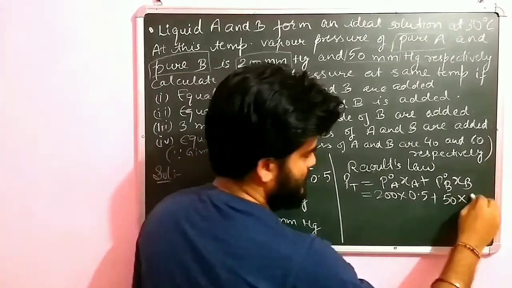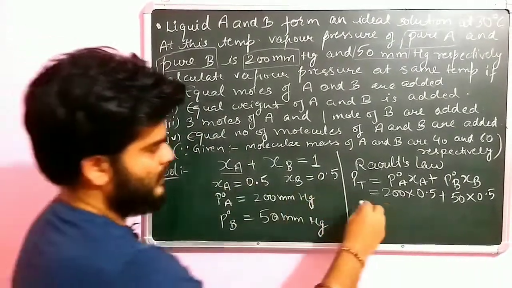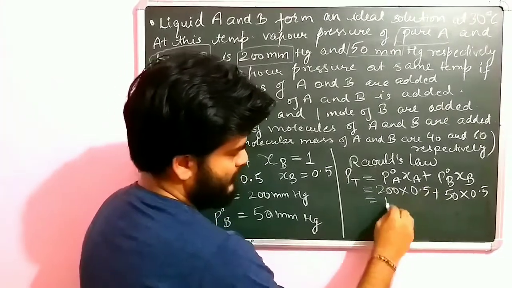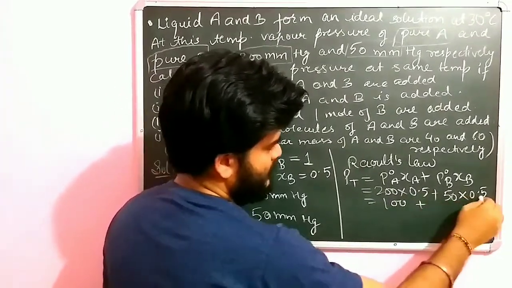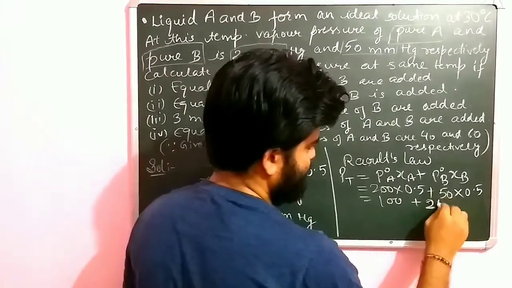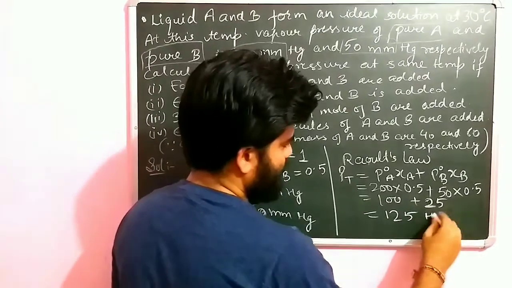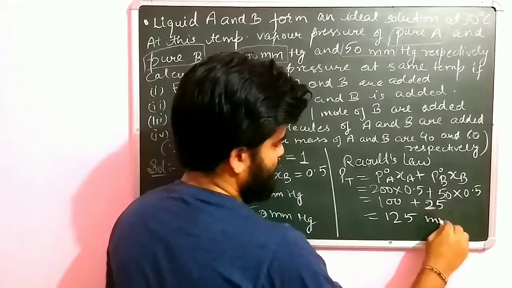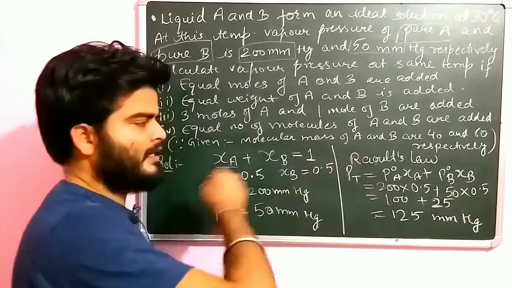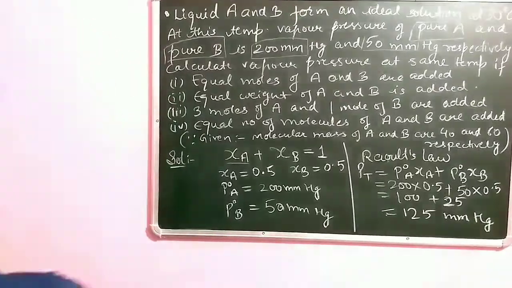This is 0.5 as we are taking equal number of moles. When you multiply this with this is actually half, so this is 100 plus this is 25. It means total pressure comes out to be 125 mm mercury. This is our first part. Let us solve second part now.